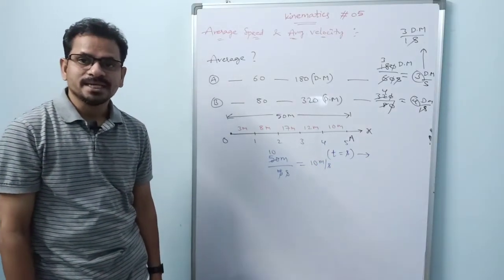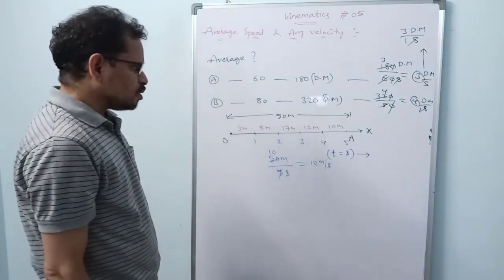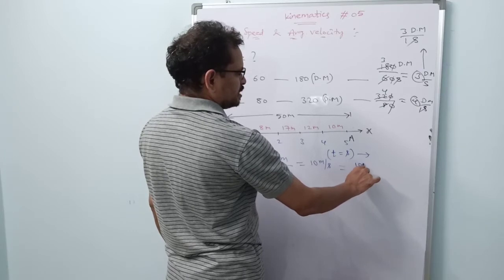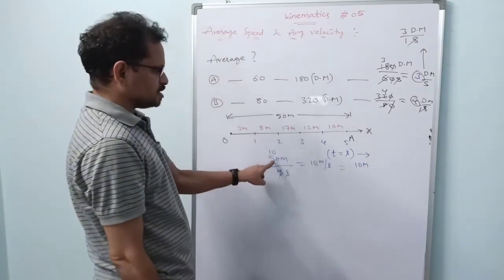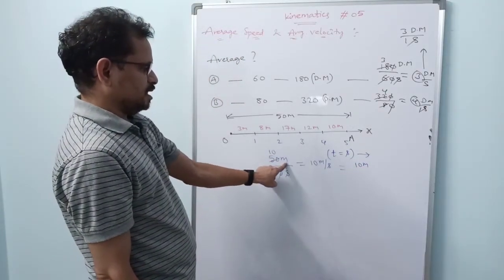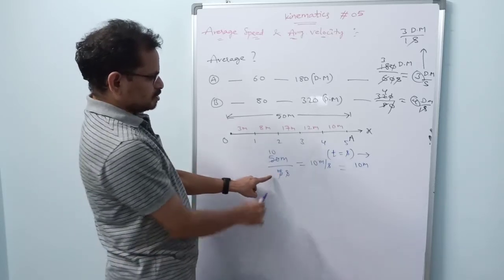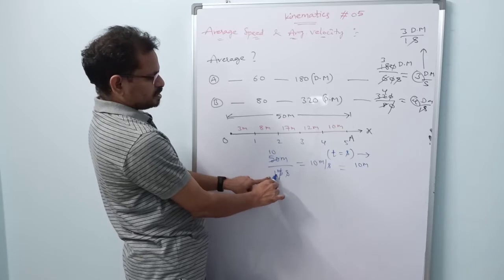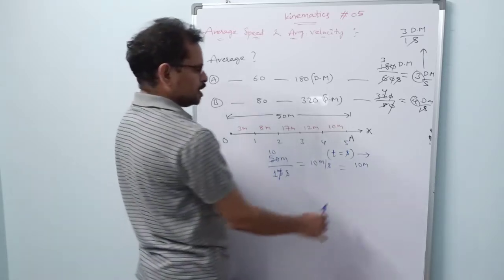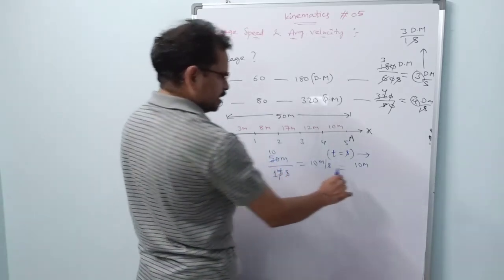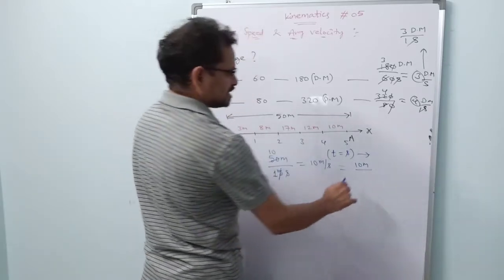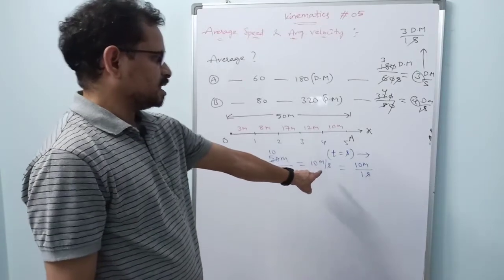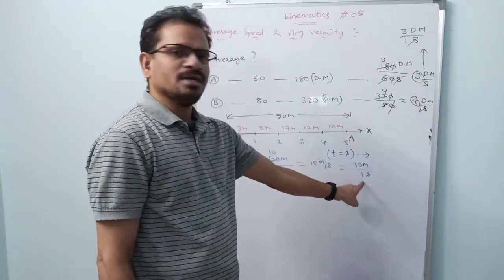In the numerator there is 10 meters, and in the denominator the 5 cancels, leaving 1 second. So 10 meters per second can be written as 10 meters by 1 second.